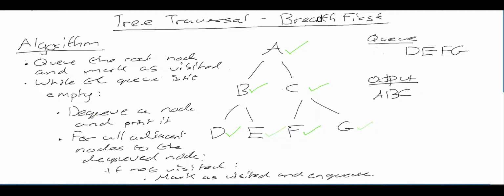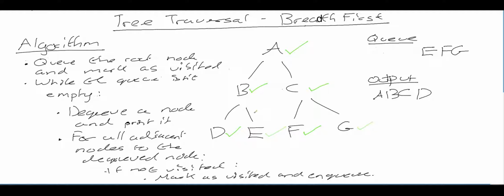Then we loop back to the beginning of our while loop and we dequeue a node and we print it out. So we're going to dequeue D and print it out. And then for all of the adjacent nodes to the dequeued node, if they haven't been visited, mark them as visited and queue them.